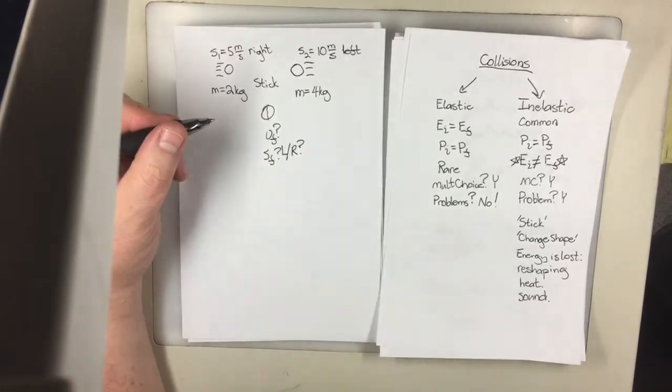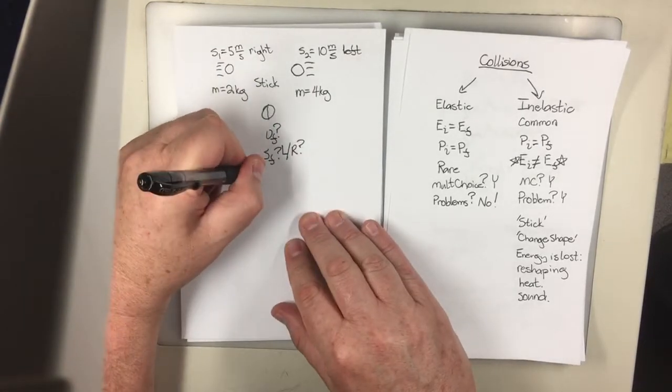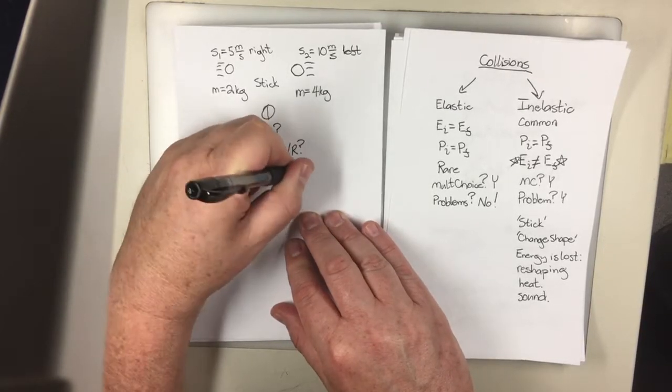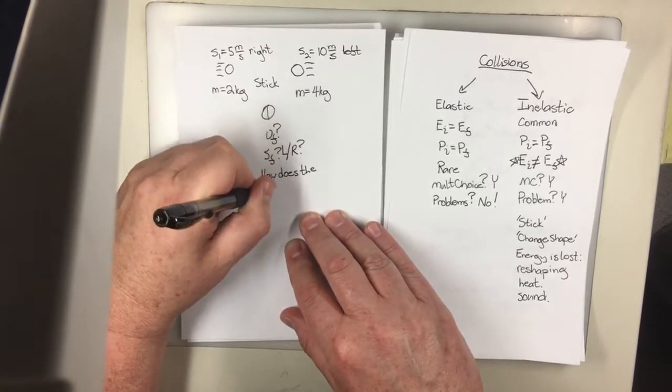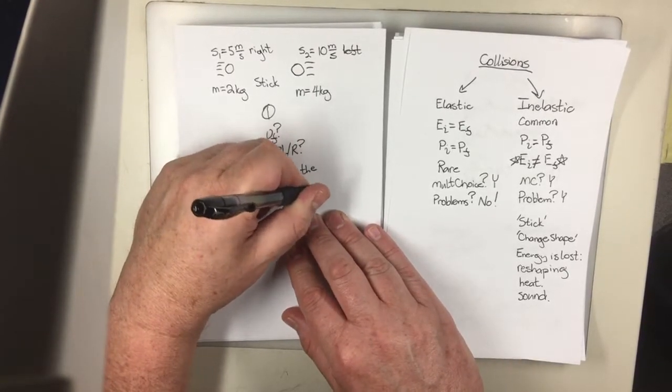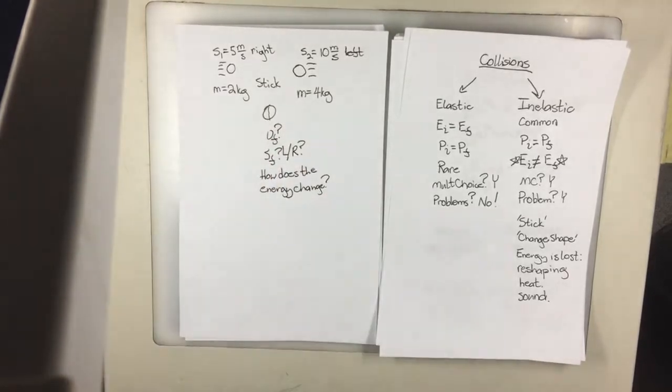And then I want to know how does the energy change? So the energy of this thing changes. Well, the moment when I see the word stick, I go, this is an inelastic collision problem.